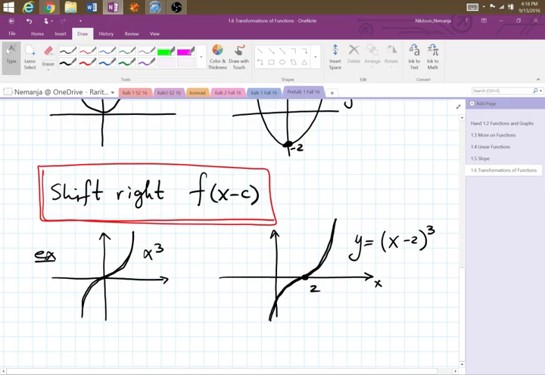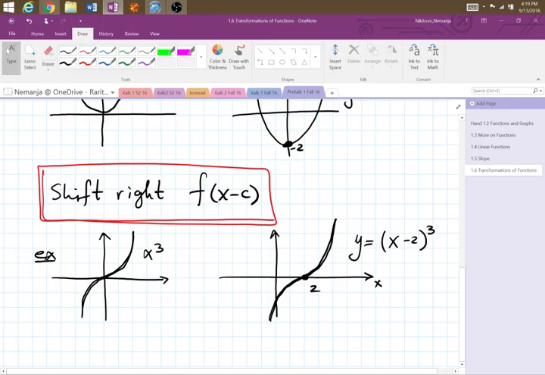So actually, if the values of c are close to x, then they move left and right, and minus means right, plus means left. If they're close to y, then minus means up. But we usually have all of the stuff to the right. So that's why going up is going to be positive, going down is going to be negative when it's on the same side where the function is, and the x's are going to be backward.